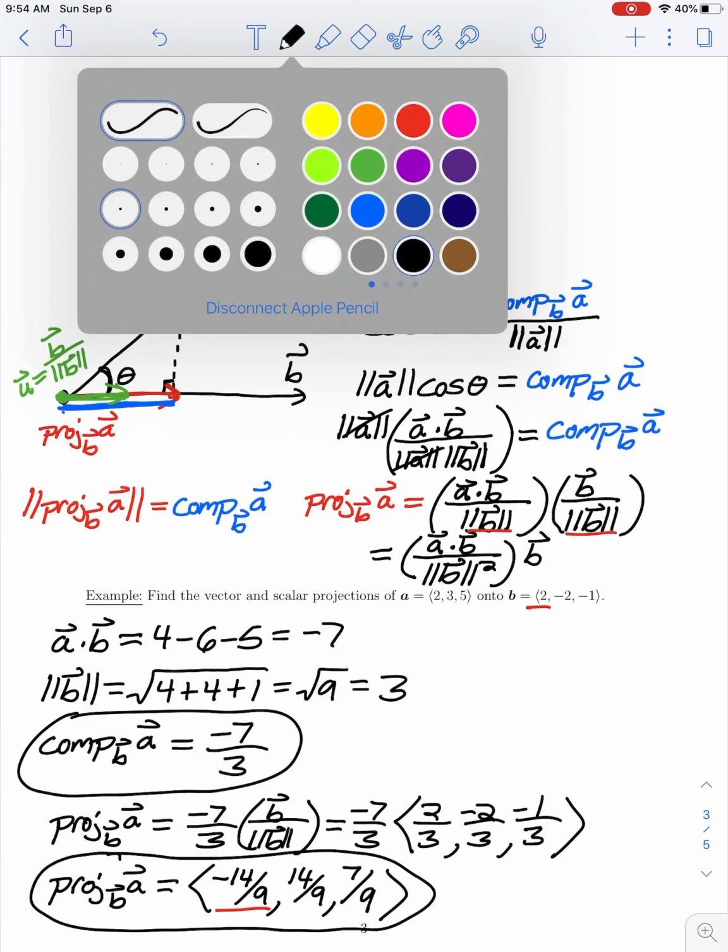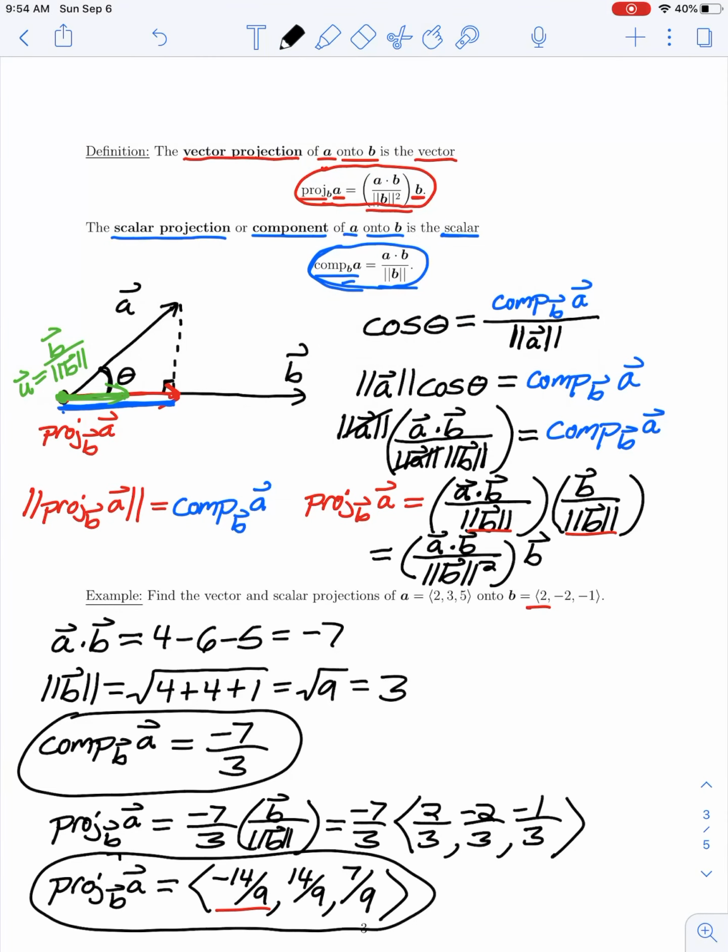So we had found, by looking at the dot product of A and B, since we had a negative value for that dot product, the angle between the vectors A and B is obtuse. It's greater than 90 degrees.